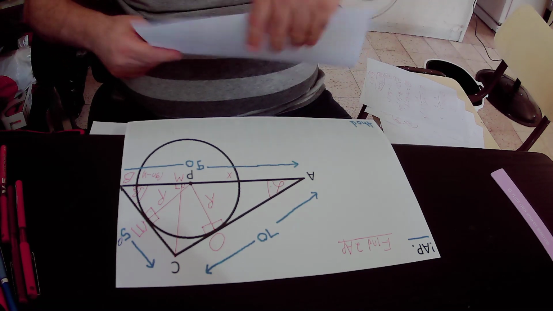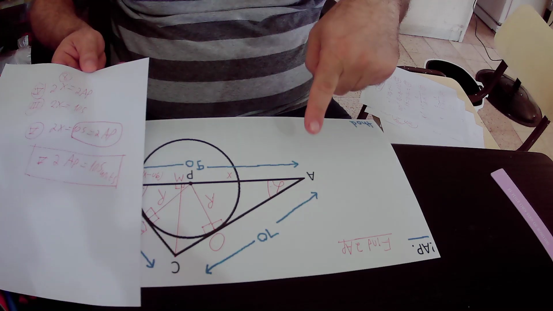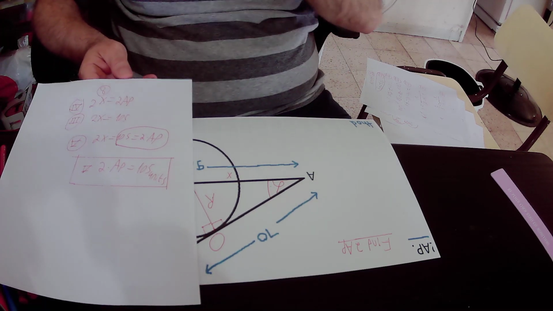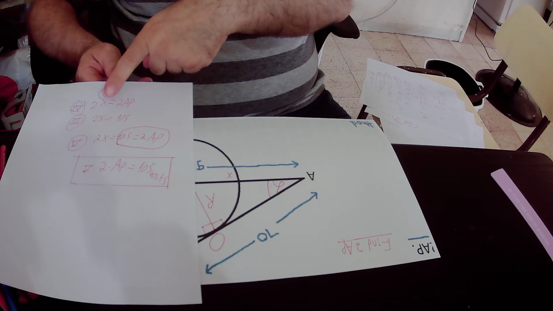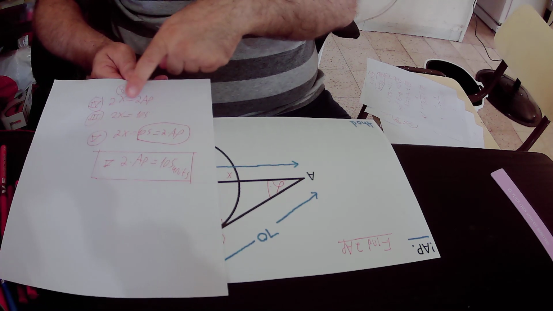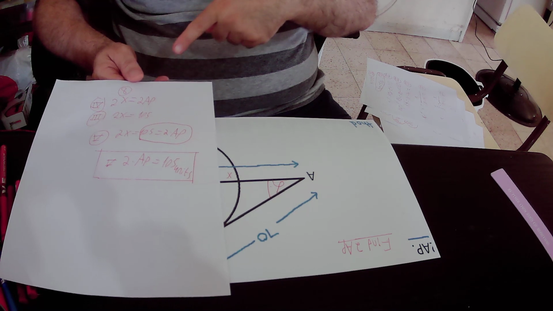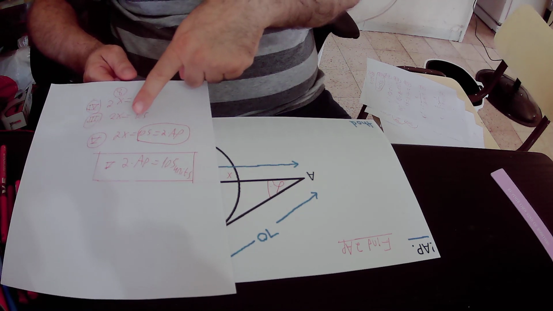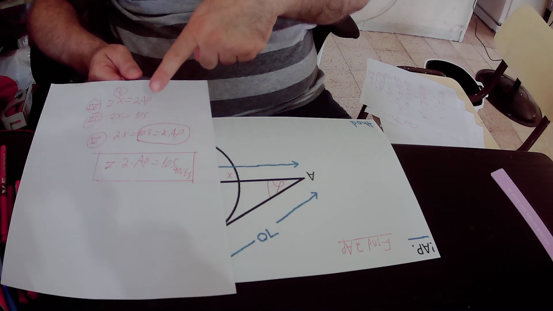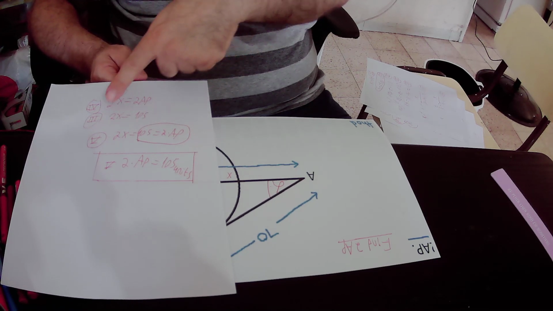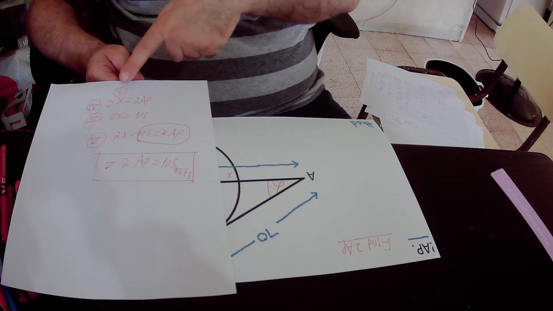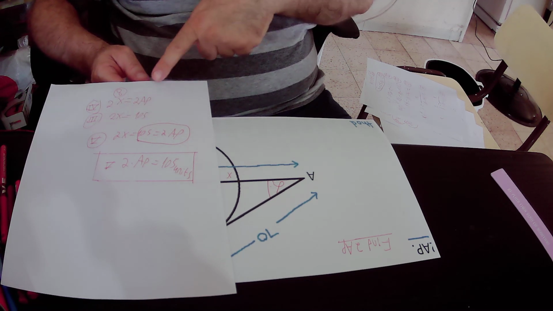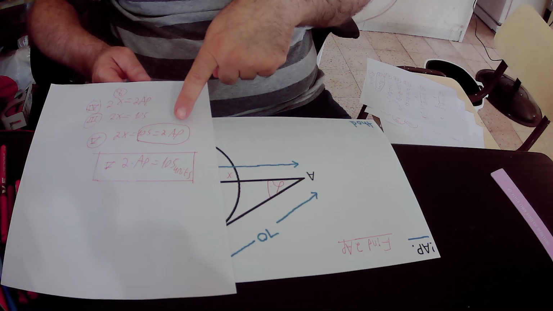Okay? If x equals AP, 2 times AP equals 2 times x. And from the third equation we got that 2 times x equals 105. So we'll create the fifth equation that states that 2 times x equals 105 from the third equation, and from the fourth equation we know that 2 times x equals 2 times AP.